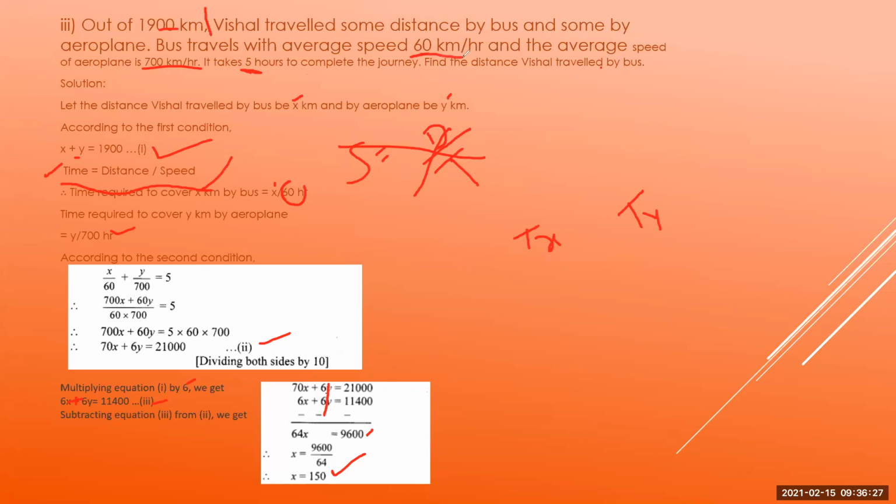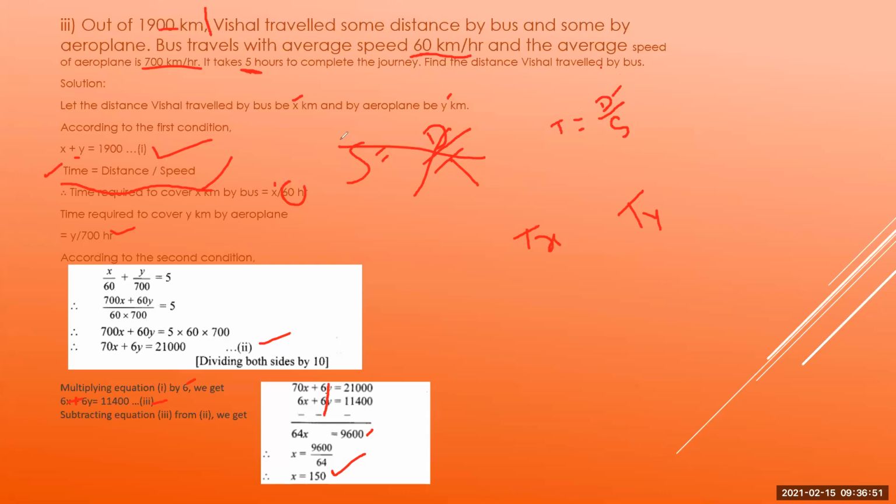Again, we know the formula that time is actually distance divided by speed. So the distance which the bus travels is x kilometer.